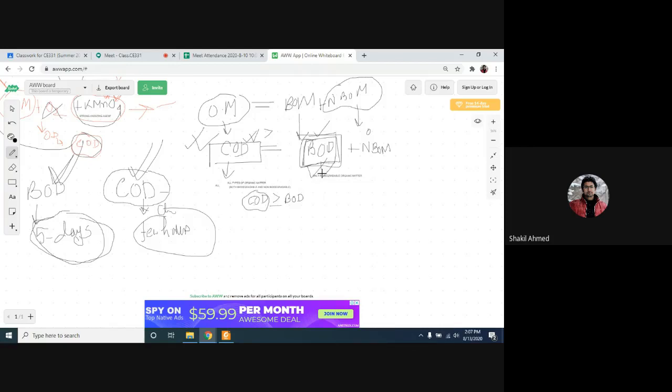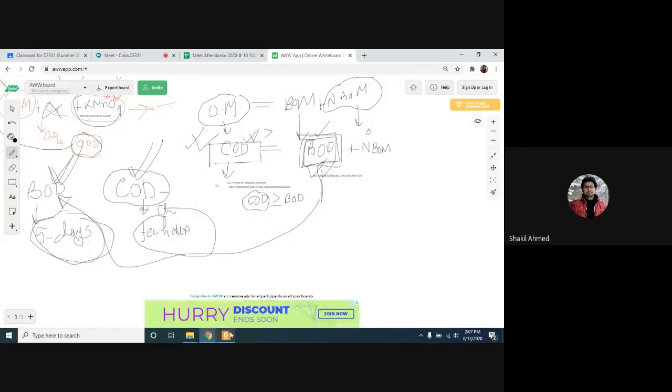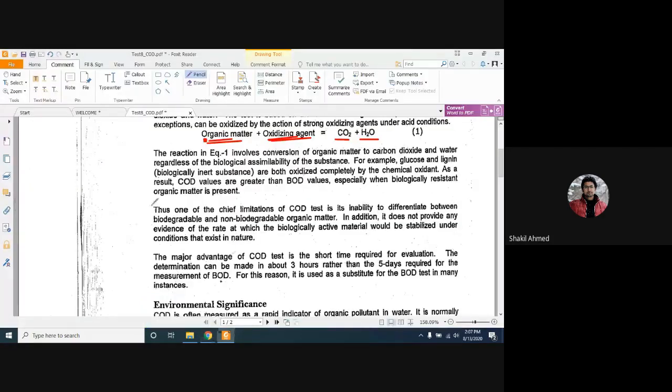To know how much is biodegradable, you need to determine BOD. So that's the advantage and disadvantage of the COD and BOD tests.